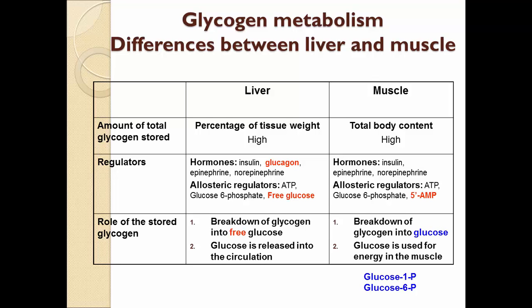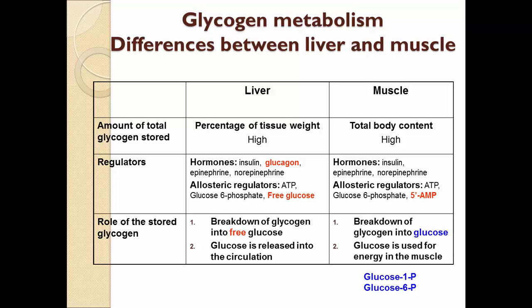But there's one thing that is different between these two tissues: free glucose only regulates liver glycogen metabolism and not muscle, and vice versa, 5'-AMP only regulates muscle glycogen metabolism, because muscle phosphorylase has a 5'-AMP binding site, but liver phosphorylase does not, right? So that's the reason why it only regulates muscle.